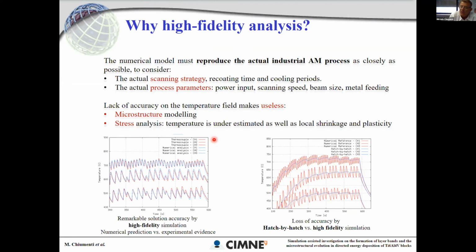So particularly, for instance, as input for the microstructure modeling, or to get reliable stresses, residual stresses from the simulation. In our opinion, this is possible only if the high fidelity simulation of the process is performed.